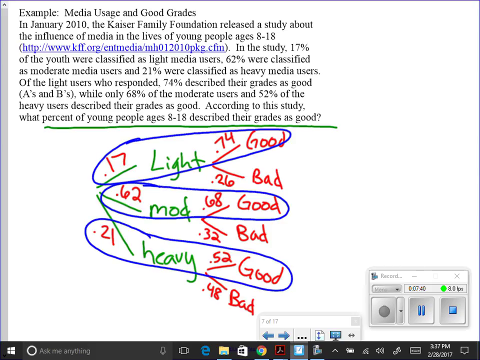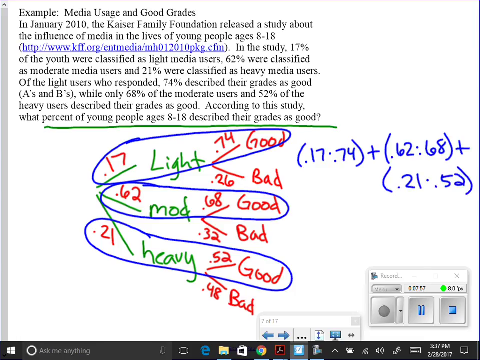So we need to add those 3 together: 0.17 times 0.74, 0.62 times 0.68, and 0.21 times 0.52. Then we add them all together, and we get 0.656.